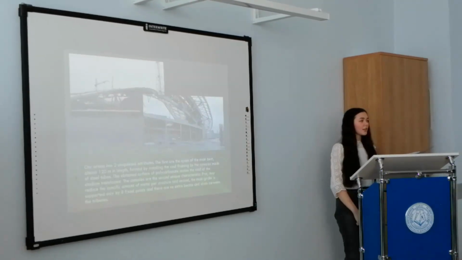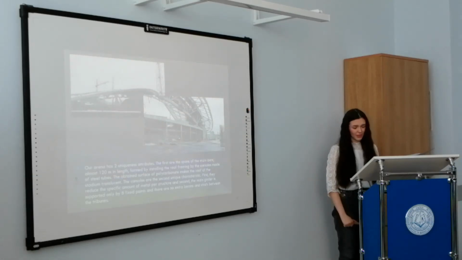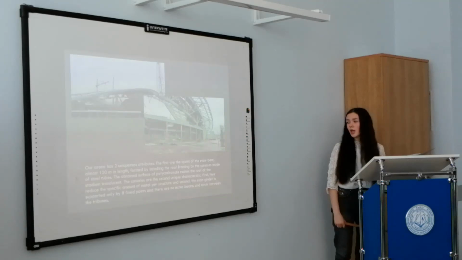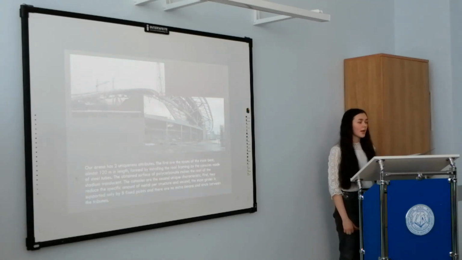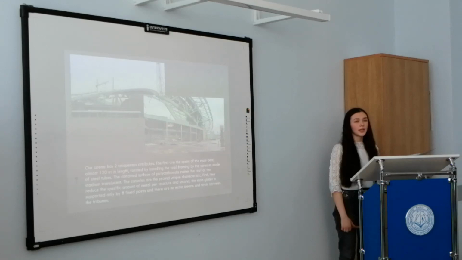The consoles are the second unique characteristic. First, they reduce the specific amount of metal per structure, and second, the main roof is supported only by 8 fixed points, and there are no extra beams and struts between the tribunes.